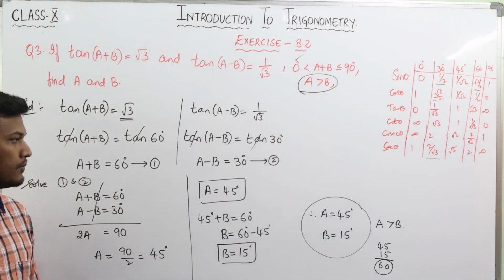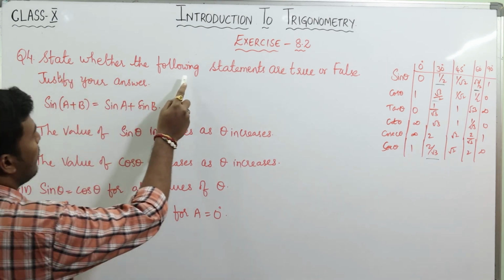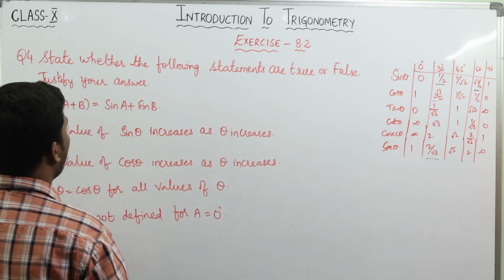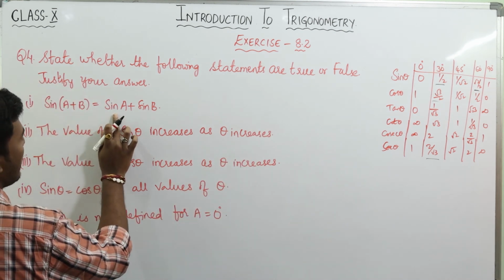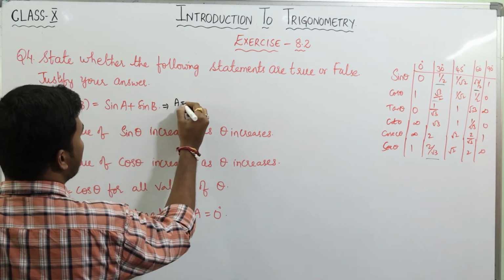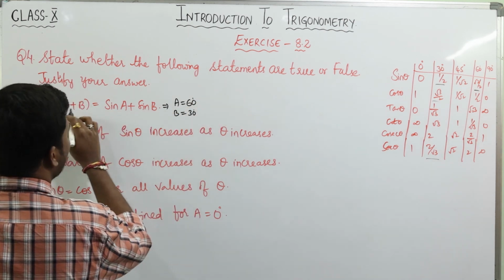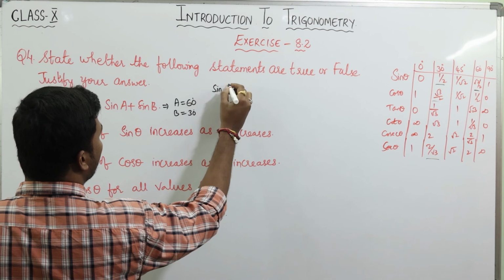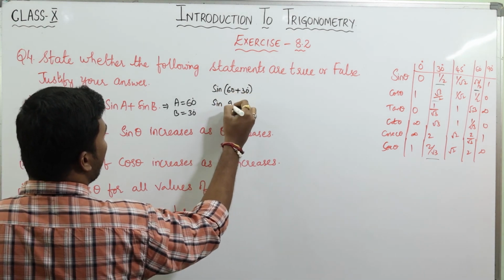Hence satisfied. The last problem of this exercise: state whether the following statements are true or false and justify your answers. So the first one is sin(a plus b) is equal to sin a plus sin b. So what we will do is, let us consider the value of a as 60 degrees and b as 30 degrees, and then let us find out what sin(a plus b) is. It will become sin(60 plus 30), which is equal to sin 90 degrees.